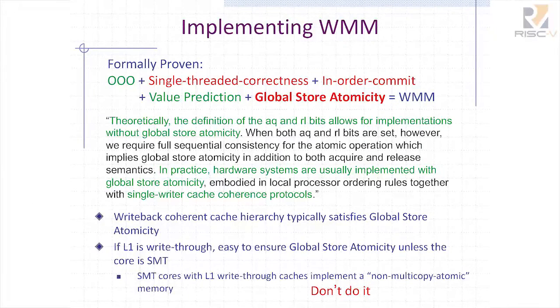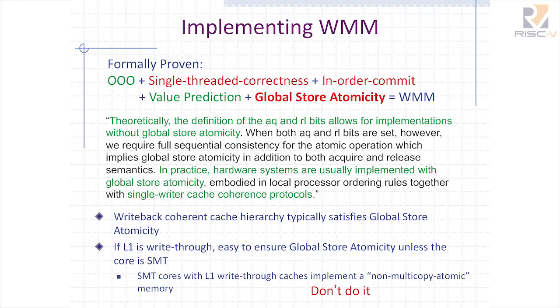So let's look at global store atomicity. The paragraph here is basically lifted from the RISC-V ISA specification version 2.1. The point is they adopt some sort of a release consistency model where they use acquire and release bits, and they permit implementations which don't have global store atomicity.